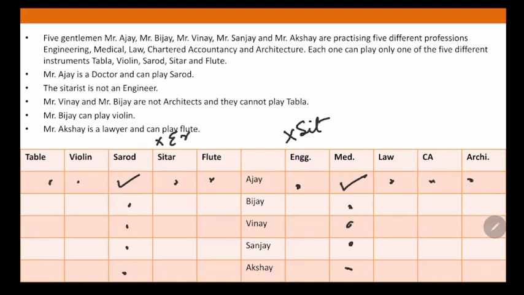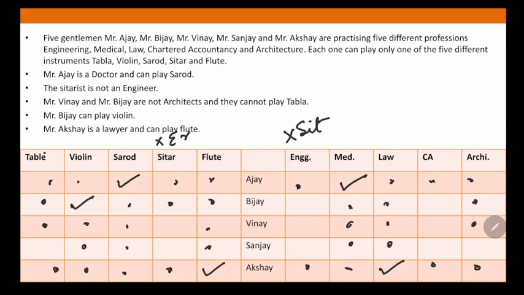Now Vinay and Bijay are not architects, and they cannot play the tabla. Bijay can play the violin. Akshay is a lawyer and can play the flute.